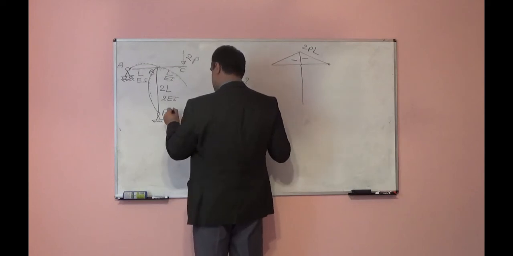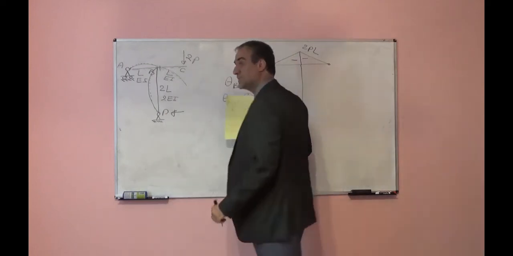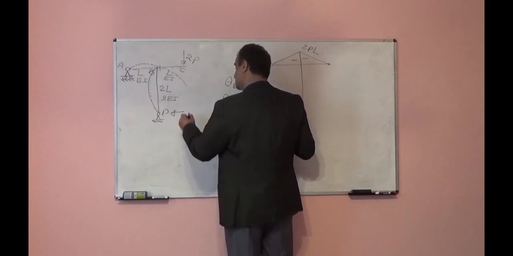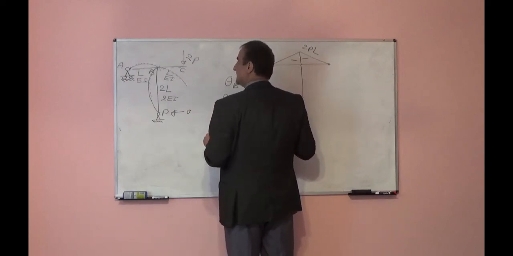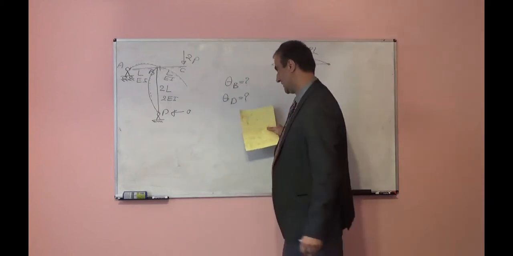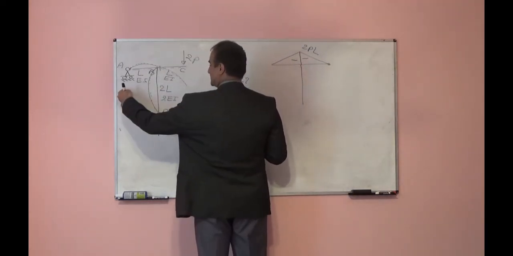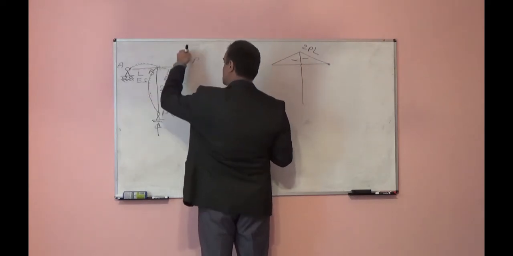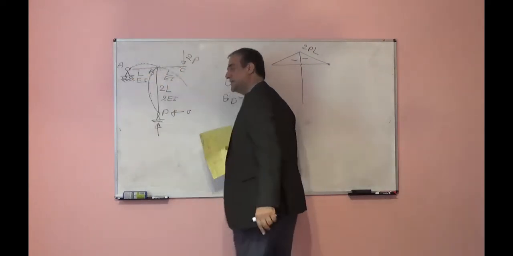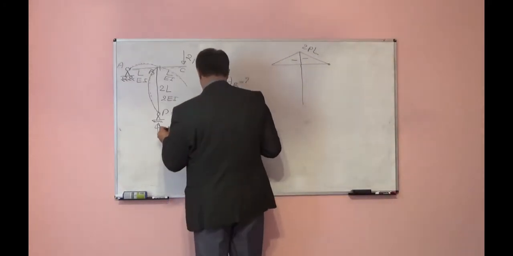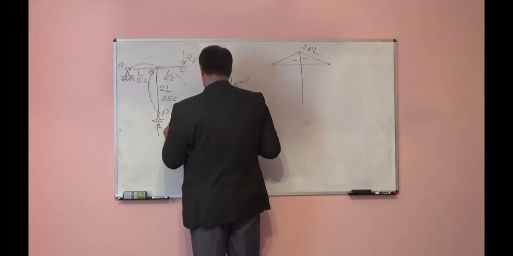Why? Because if I find Dx, summation of forces in horizontal direction is equal to 0, so this is 0. If I take moment with respect to A, I will have Dy times L minus 2P times 2L is equal to 0. From there I can find Dy will be 4P.